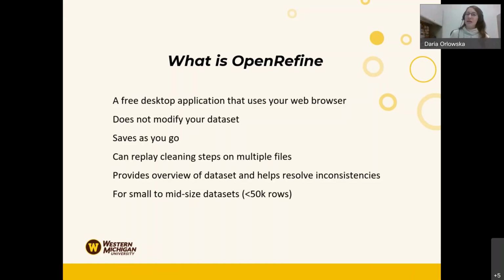I know that it can be more, but that really depends on your computer's processing power. It wasn't built to deal with really big data sets, like over 1 GB is probably something that is not suitable for this software. But if you have a lot of RAM, you might be able to sneak 100,000 or even more rows.